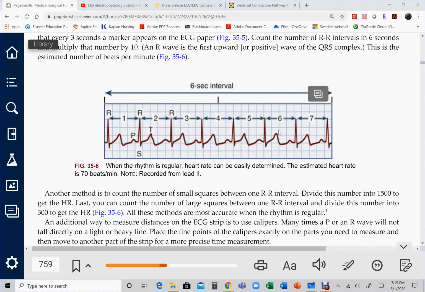My choices will be A, 60 to 70, B, 70 to 80, C, 80 to 90, or D, 50 to 60. So it'll be a range.